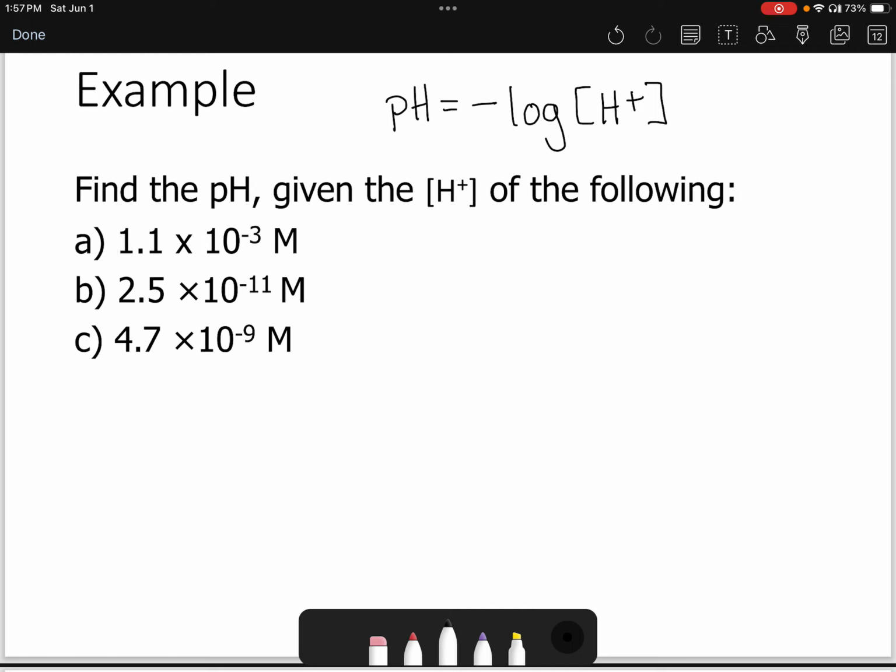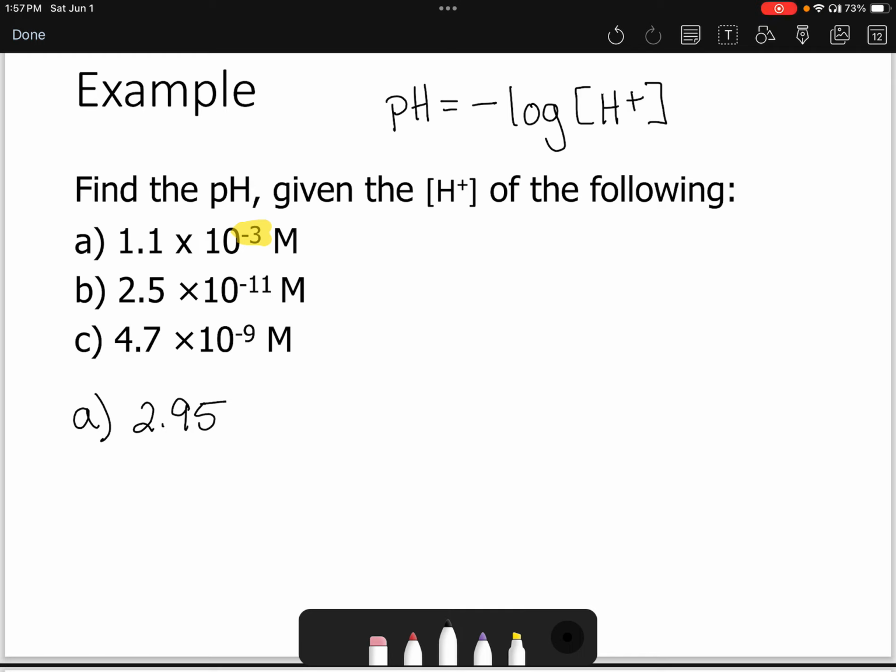Okay, so for A, we should get something that's kind of close to 3, right? Because that's the exponent. And when I plug this into my calculator, I get 2.95 as my pH.